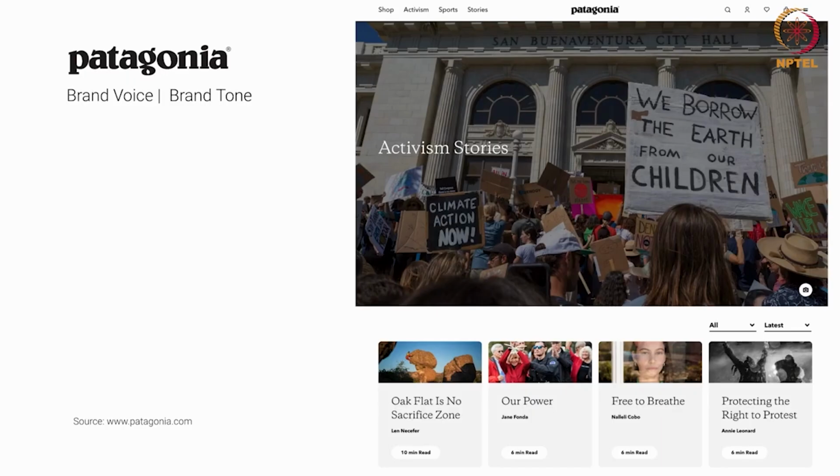So as I said, the one which we have highlighted, this is the screenshot of Patagonia's website, where they have a section named activism. It's interesting to see that, right? Most apparel brand companies will never highlight such keywords on their website, but here they directly show a section on activism, and it highlights all the activism stories associated with large scale industry production which is hampering the community or the environment, where people are rebelling about how those things are happening.